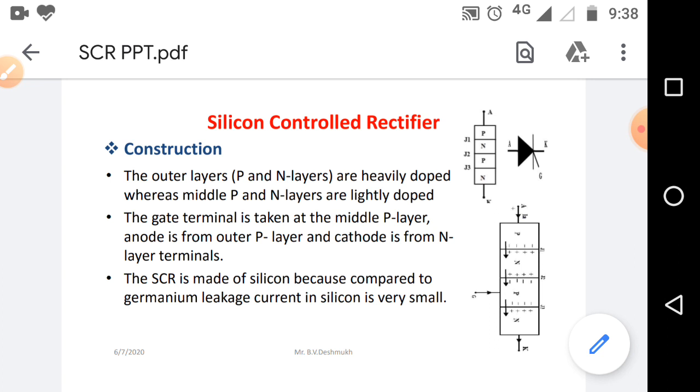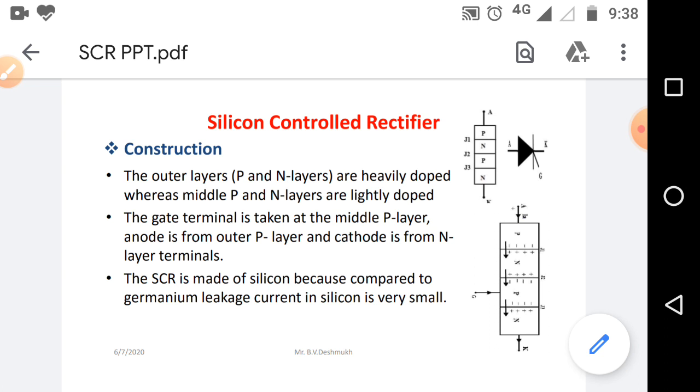Here the outer layer of P-type is considered as the anode terminal and the outer layer of N-type semiconductor material is called the cathode terminal. In the middle, there is one P and N-type arrangement, and one terminal is taken from the P-type semiconductor material, connected at the middle point.